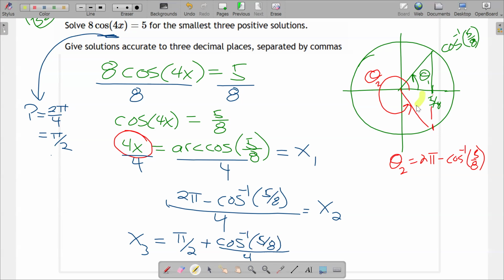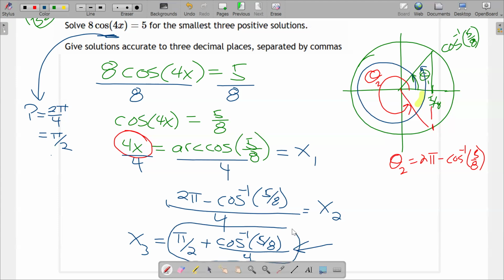So it wants another positive angle, which means I need to make a whole revolution to get to the next one. So there could be a theta 3 in this picture, which would be going all the way around past theta 2 to get to theta 1. And then adjusting for the divide by 4 for the period would be that number right there.